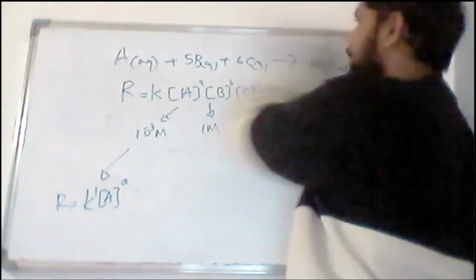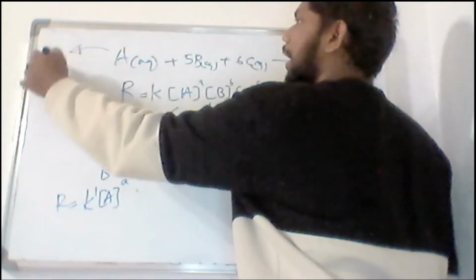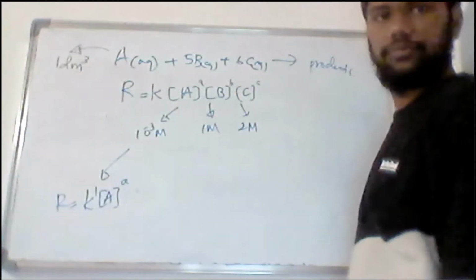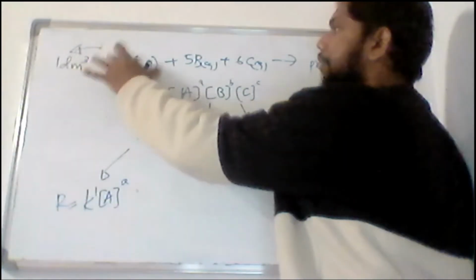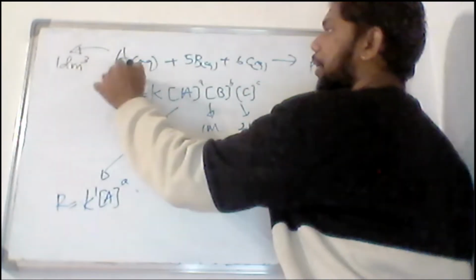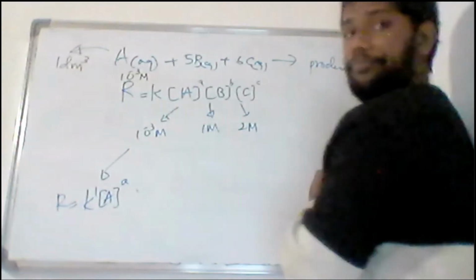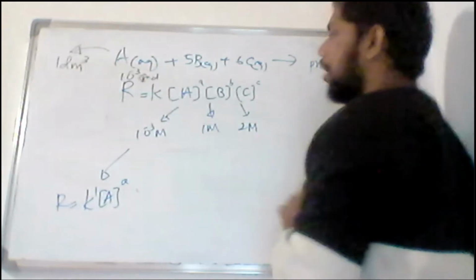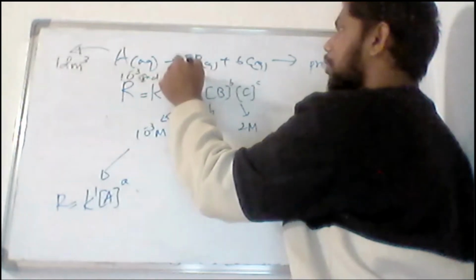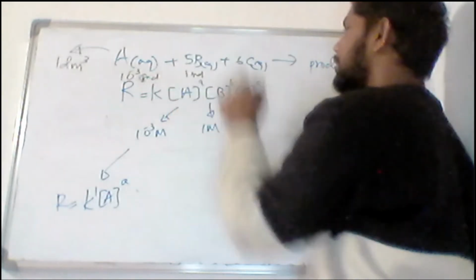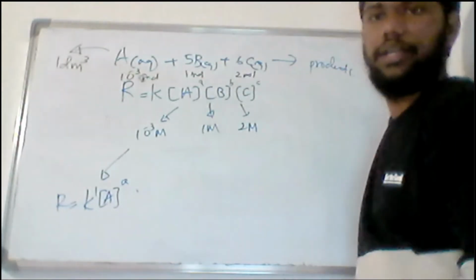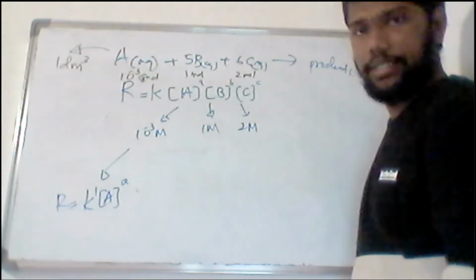Let's say this entire reaction happens in 1 decimeter cubed of solution. How many moles of A is present? That is 10 to the power minus 3 moles. How many moles of B is present? 1 mole of B. C, 2 moles of C. Now think about when this reaction happens completely.